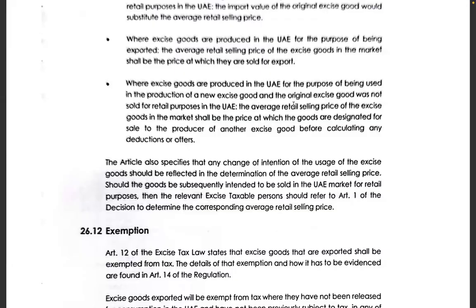Then the average retail selling price of the excise goods in the market shall be the price at which the goods are designated for sale to the producer of another excise good, before calculating any deductions for offer. So basically, the producer is buying those goods, right? So what is the price that that producer is paying? That will be considered as the average retail selling price of the original components, excise goods.